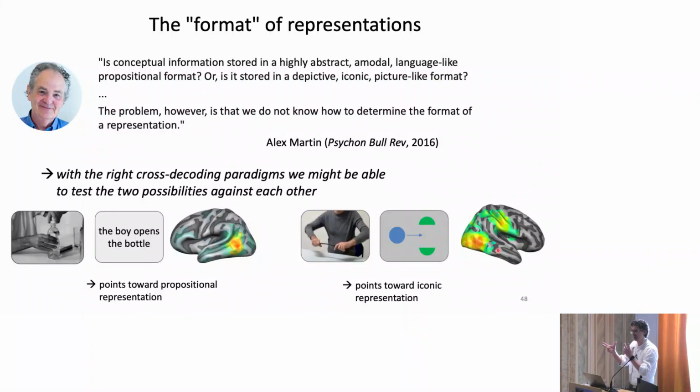So, therefore I think, yes, in both cases you also activate the other type of representation, but you kind of change a bit the strength of the effects on one side or the other. And this, I think, makes these effects interpretable.